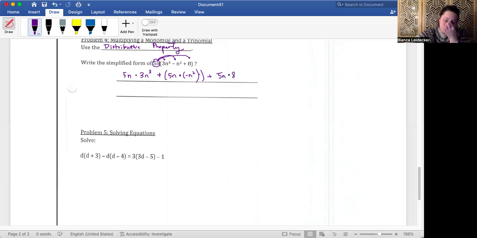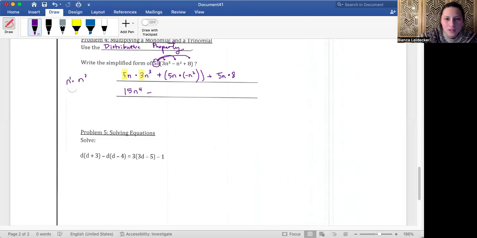I'm distributing everything. So when I multiply, I can multiply the coefficients, bring that together, and then think of my variables when I'm multiplying n to the first power times n to the third power. It's going to become n to the fourth power because when I multiply with exponents, I just add, right?